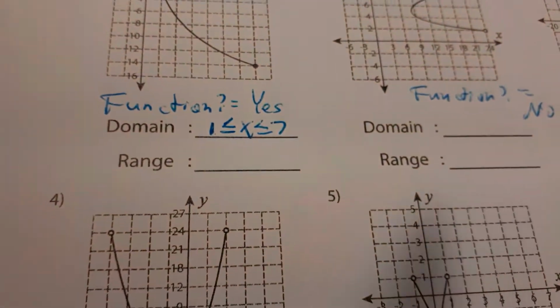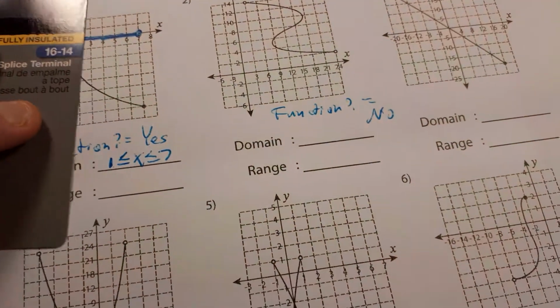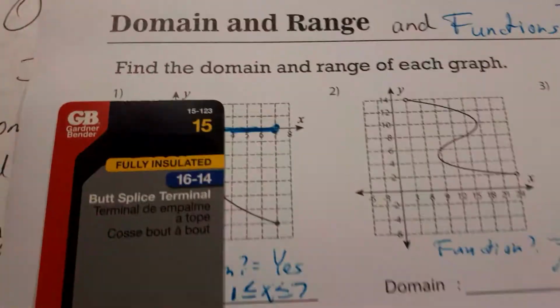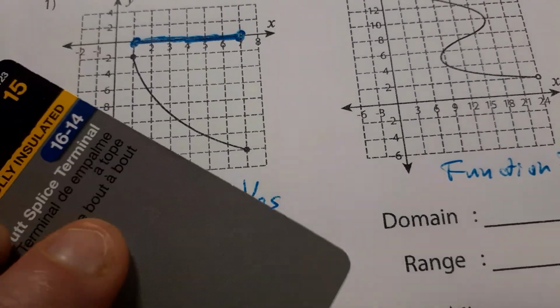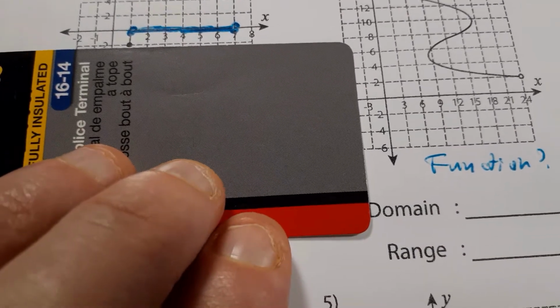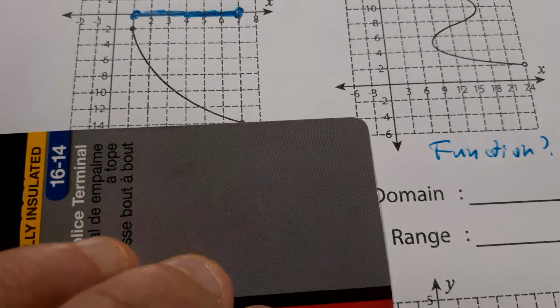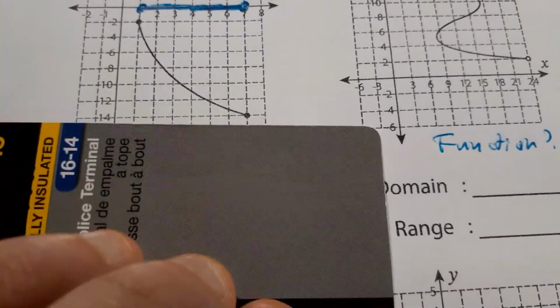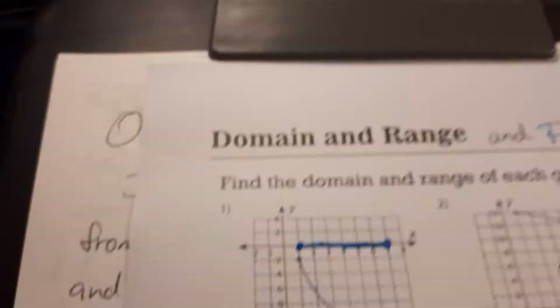Now for our range, we do the same thing. It's not really a vertical line test anymore. We're just using a vertical line to help us determine what to put. We're going to do a horizontal line. We're going to go from the highest point, which is -2, to the lowest point, which is -14. So both of these are closed also. So at -2, I'm going to put a closed circle.